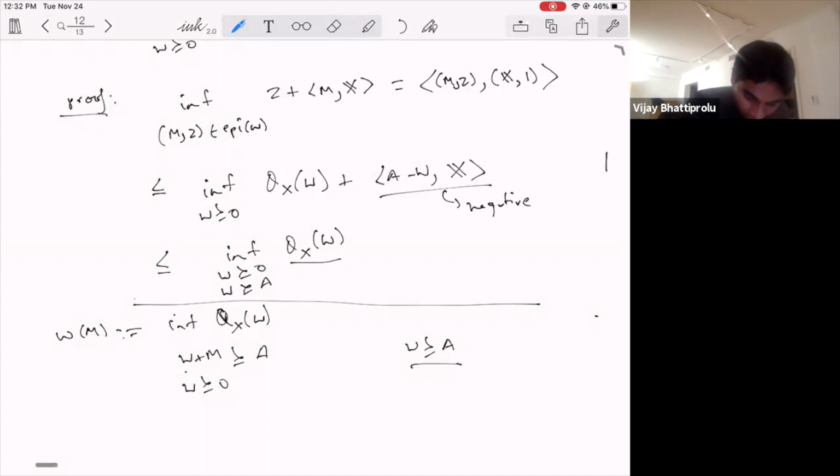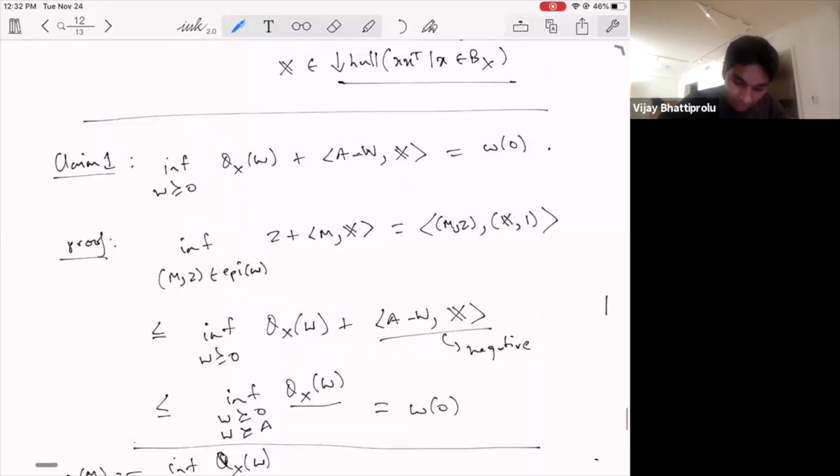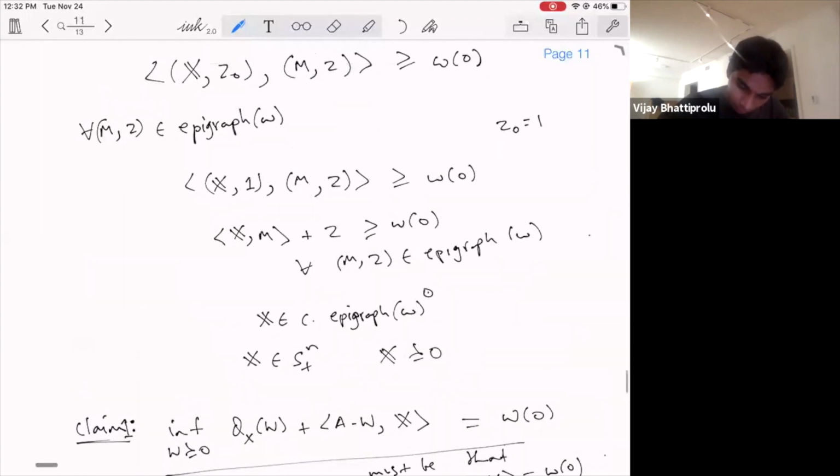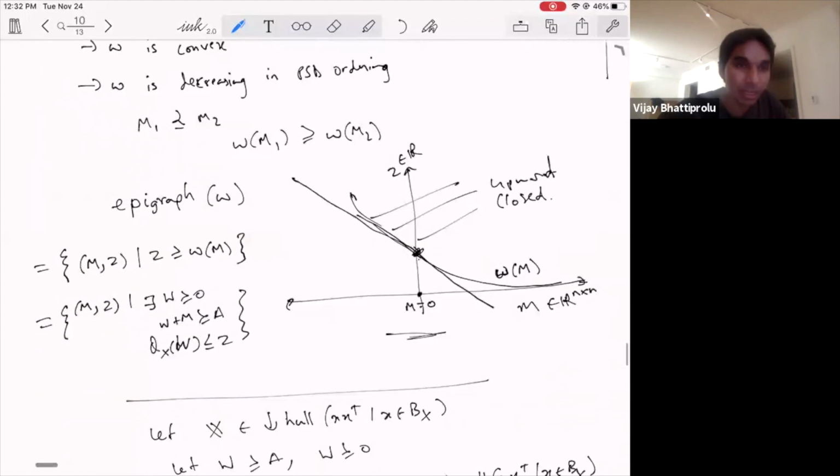But recall, this is our original quantity. This is omega of 0. This is the left-hand side of our convex program equality. But on the other hand, as I told you, we were minimizing the tangent hyperplane over this epigraph, and the minimum happens at this point, and the value of the minimum is equal to omega of 0 by construction.